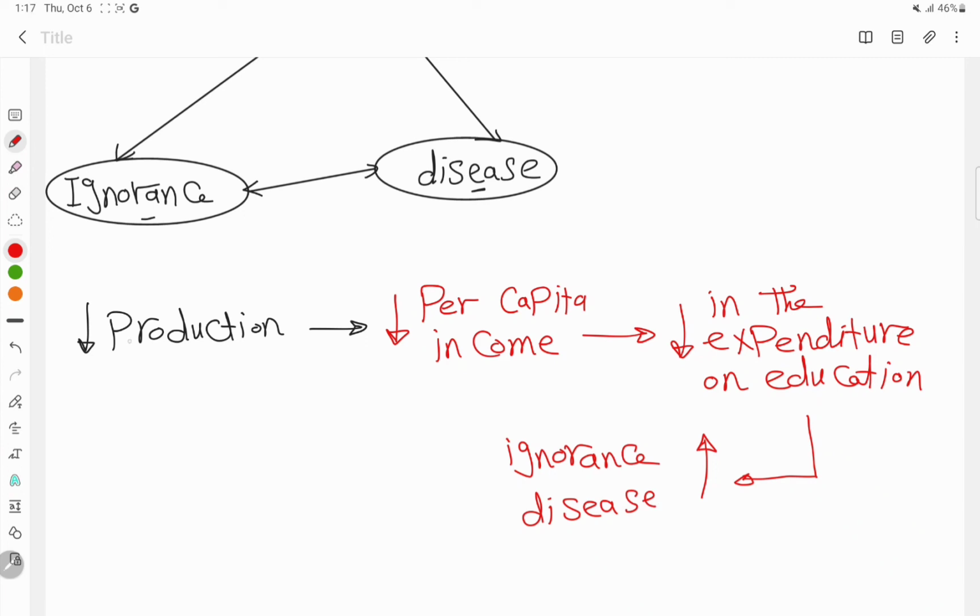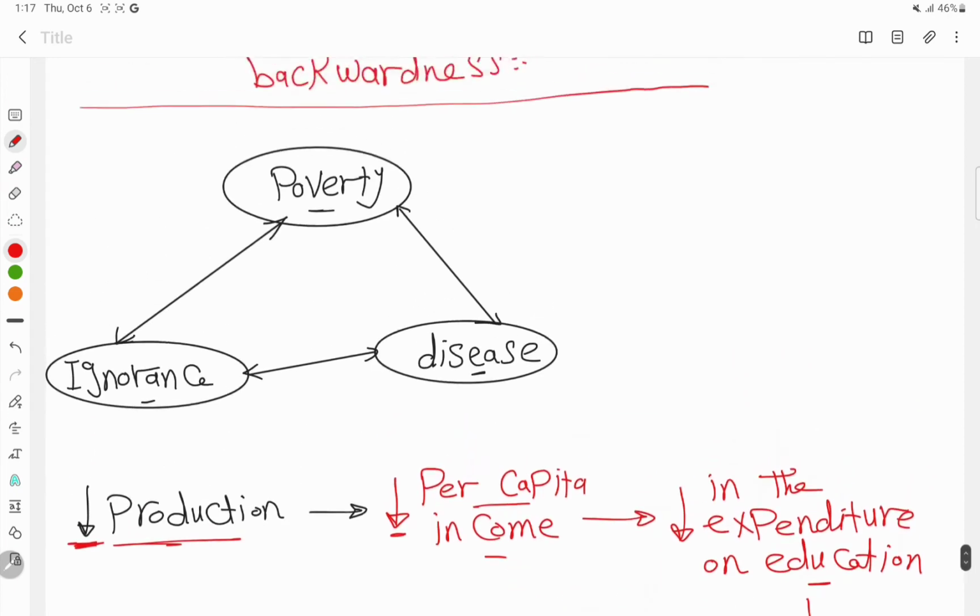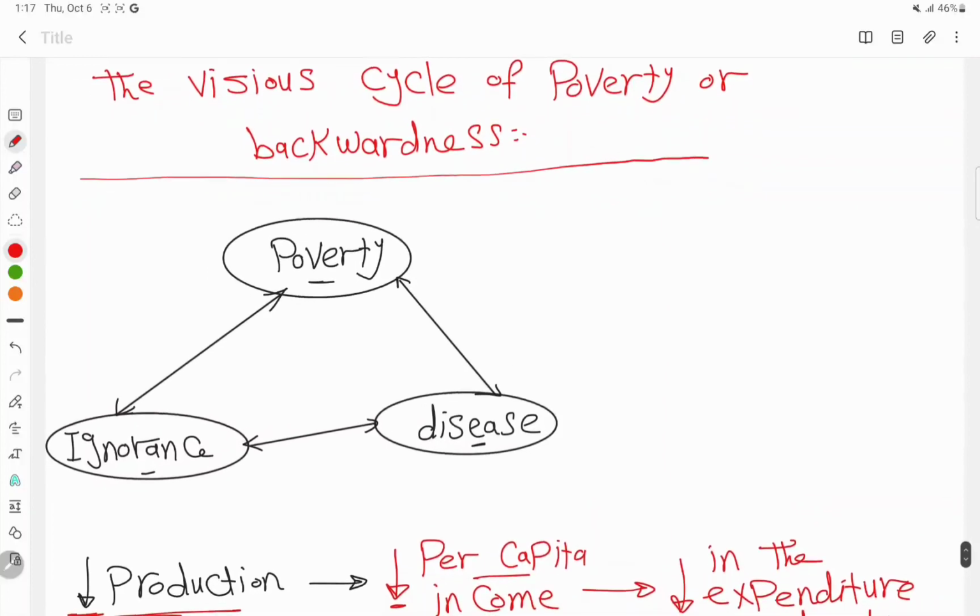So again, when production decreases, there is a decrease in per capita income, and then a decrease in the expenditure on education, and then an increase in ignorance and disease. That's the vicious cycle of poverty. The vicious cycle of poverty is in developing countries.